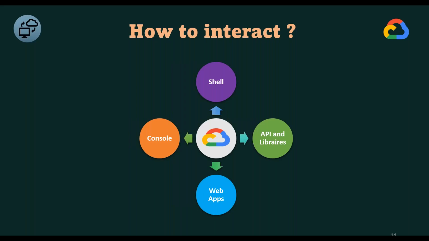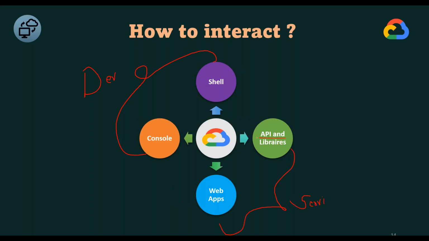If one wants to interact with GCP services, the console and shell are what developers focus on. Console and shell are mainly for developers who want to work with GCP. The others are mainly for applications and services to interact with.